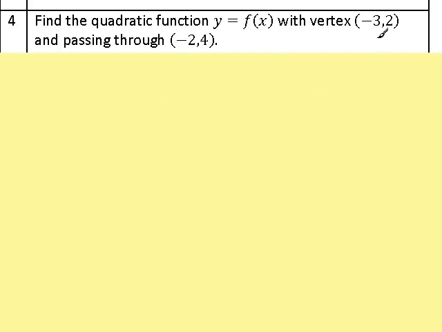In number 4, we want to find the quadratic function with vertex (negative 3, 2), and passing through this point. So we're going to write the general form of the quadratic function, that is the standard form. So that's a(x minus h) squared plus k. And here's the vertex.